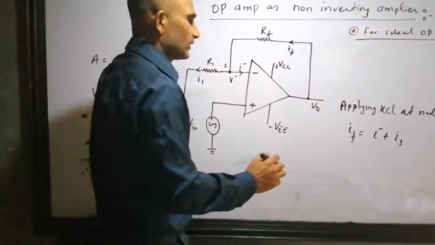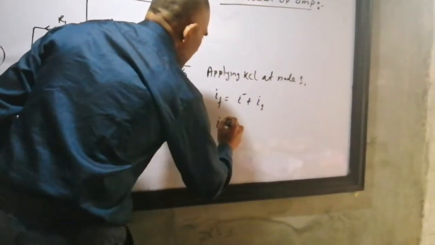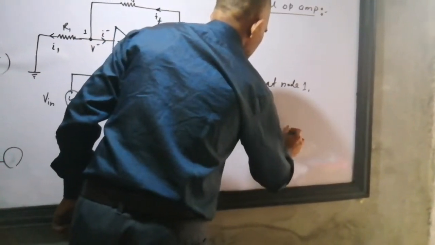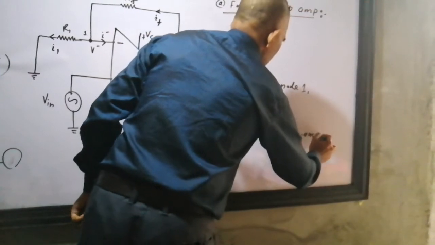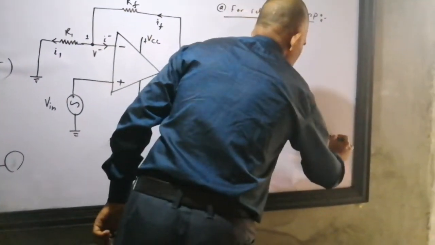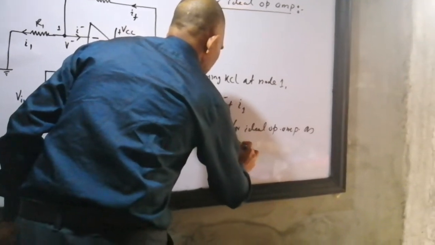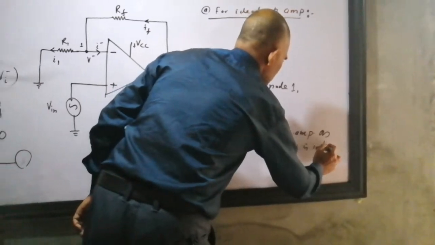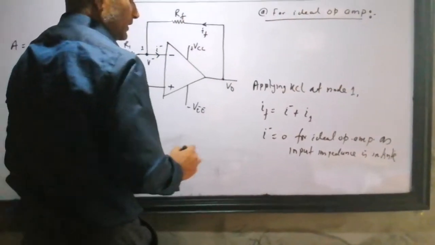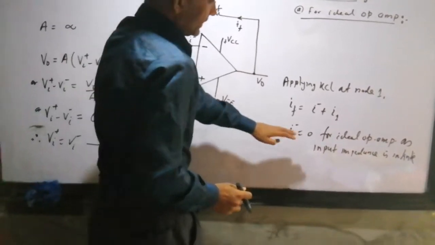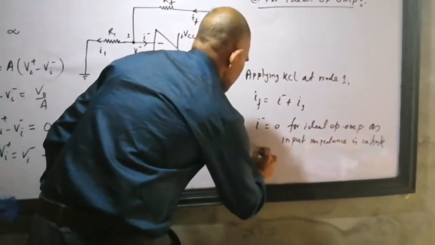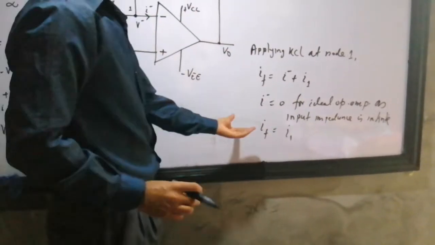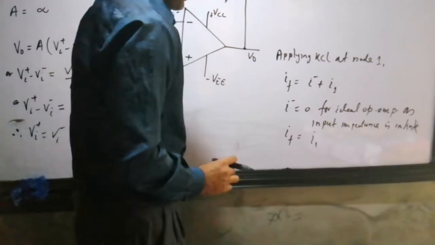So I can take I minus equals 0 for the ideal op-amp as the input impedance is infinite. If I put I minus equal to 0 in the above equation, then IF equals just I1. Now I have to find the values of IF and I1 to get the formula.